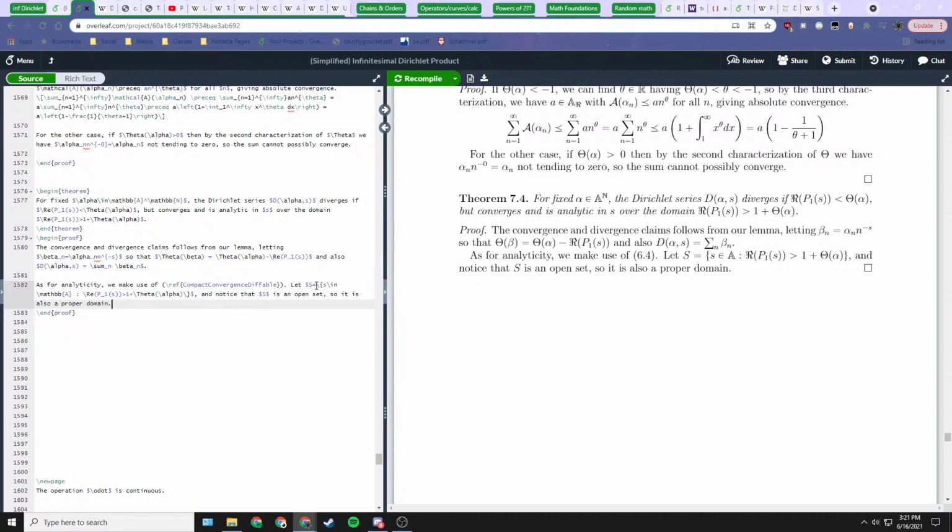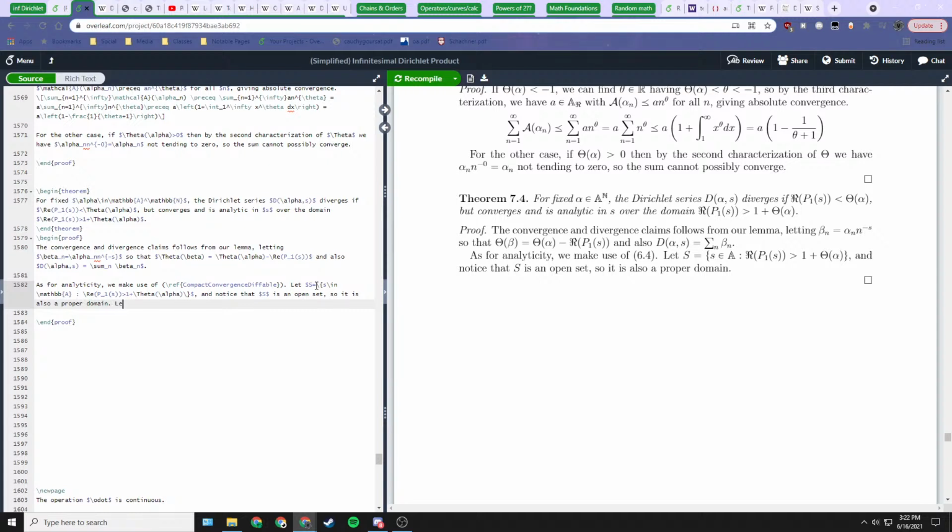We won't go through that proof; we're just putting out there that an open set is always a proper domain. It's locally convex, and we can have all the loops that we want.